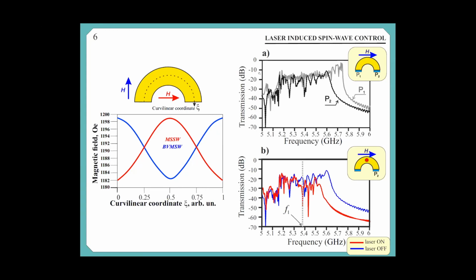In the case of excitation of surface magnetostatic spin wave, we compare the amplitude frequency response at the input antenna and output antenna marked as P1 and P2.